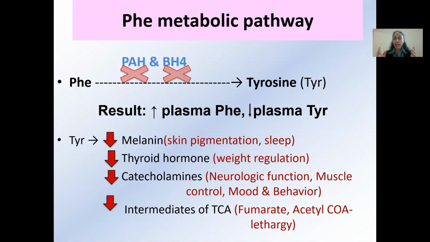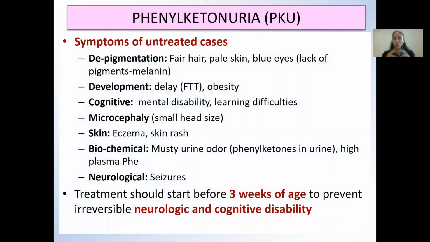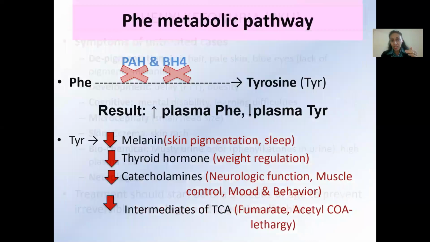Now, after understanding the metabolic pathway, I have summarized these symptoms over here. Now, students, what is important to understand is rather than just memorizing the symptoms of PKU, what I did in the previous slide was to help you understand why you are having these symptoms in PKU.